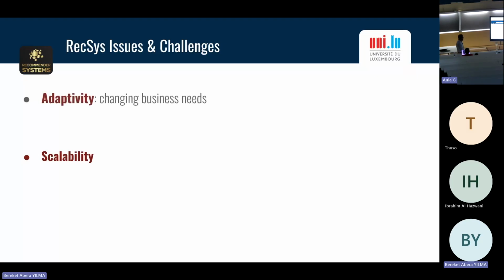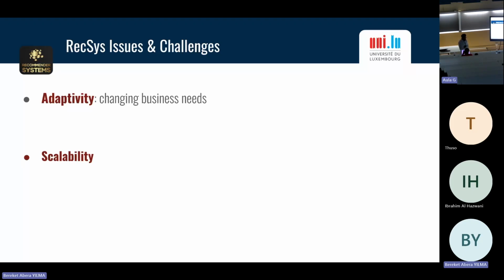Another issue is scalability, and also needing to be adaptive to changing business needs. Like we said, in CPSS scenarios, for example, users change, goals change, and with these evolving systems, you have to take into account how you can adapt. We were having a conversation earlier about participatory design.